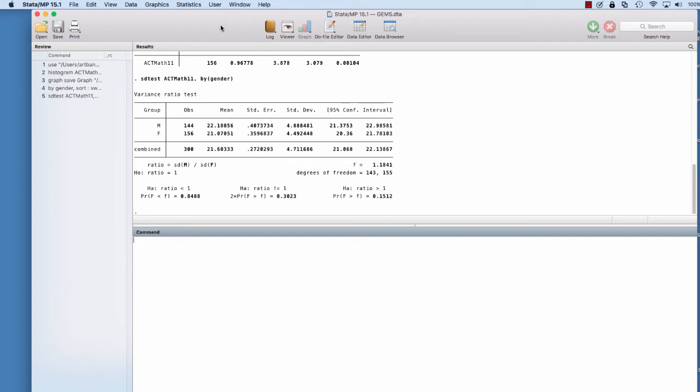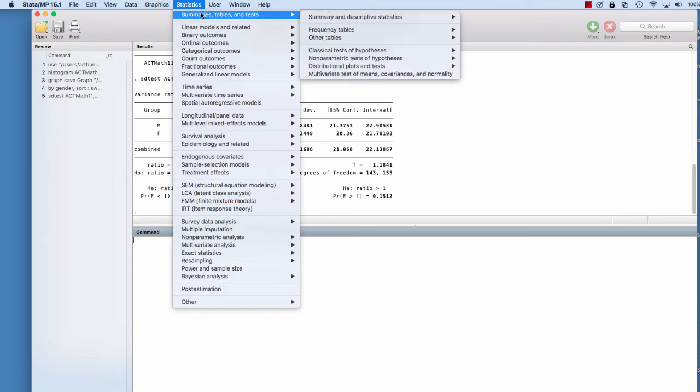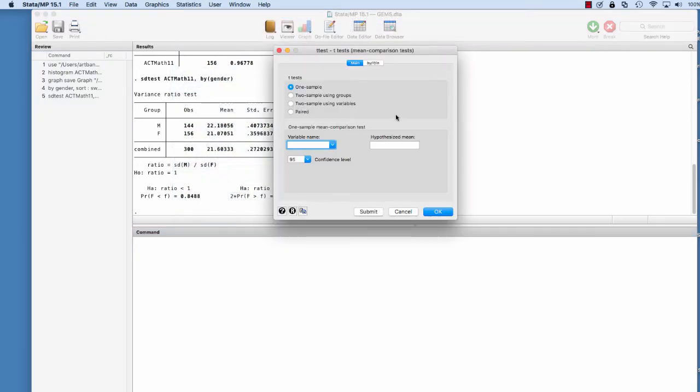But we're going to go ahead and do the t-test, and we can go to summaries, tables, and tests again, classical tests of hypotheses, and then t-test. And again, we want to pick two-sample, which is for the independent samples t-test. And then again, the ACT math 11th grade.